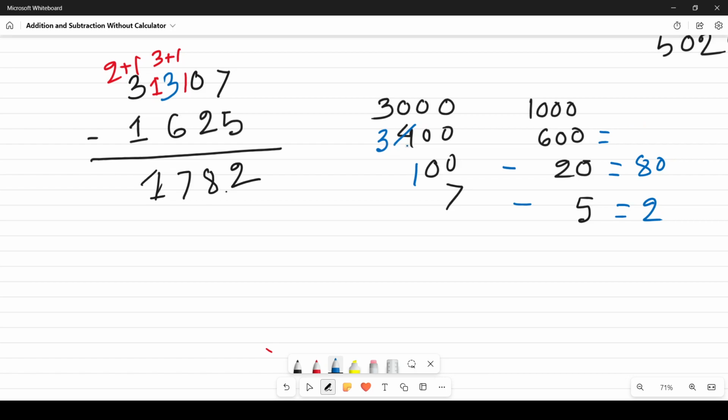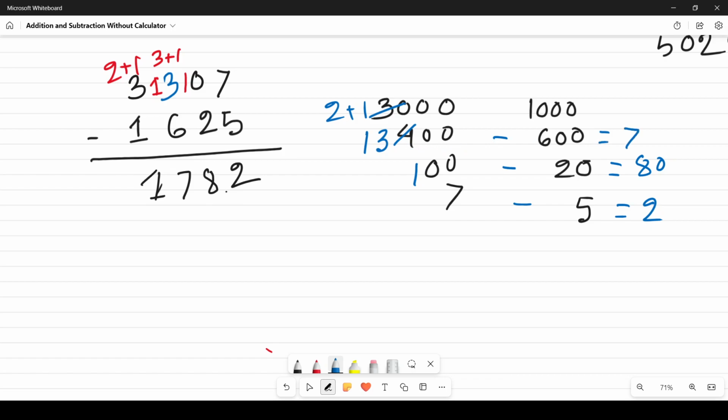And then from 300, if we subtract 600, the result will be minus 300. We don't want it. But if we split it like 2 plus 1, then we get 2000 plus 1000. So we can hire 1000 from this top number and we can make it 1300, right? So now what do we get when we subtract 600 from 1300?